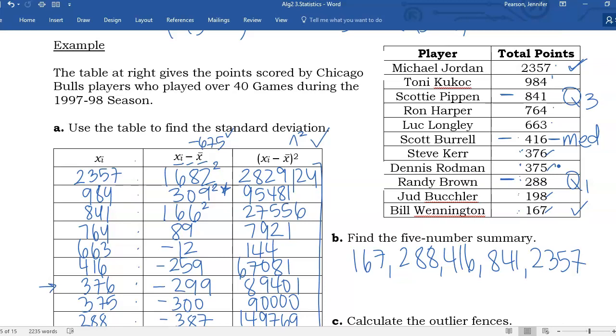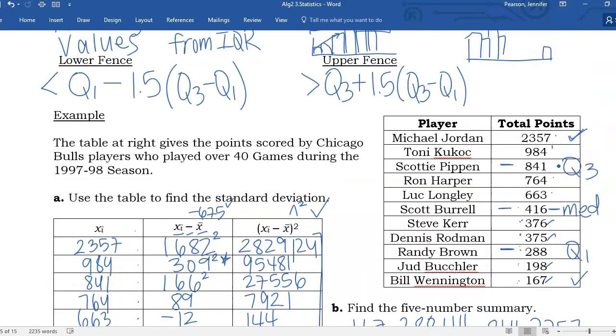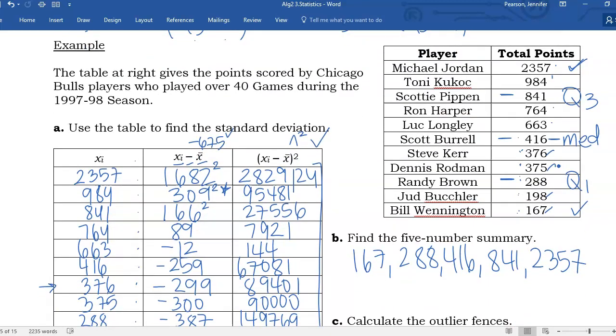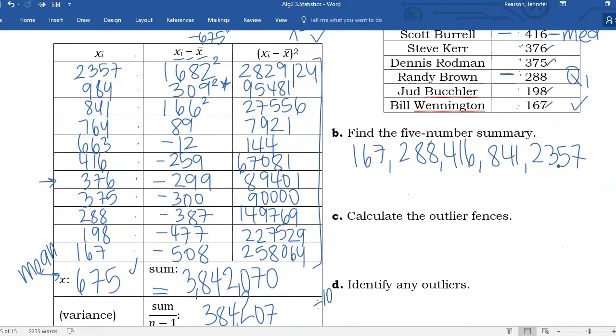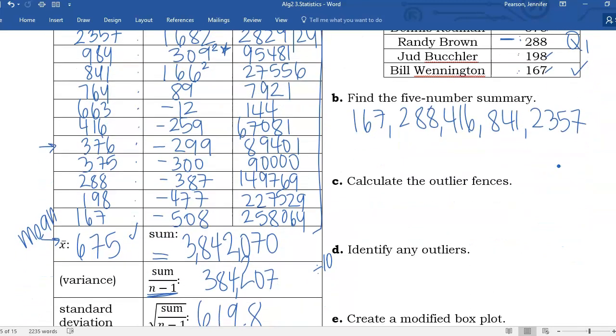Calculate the outlier fences. Okay, we have these formulas right here. We need to input the quartiles into both of those fence formulas. So I know I'm going to be putting 288 and 841 into my fences.